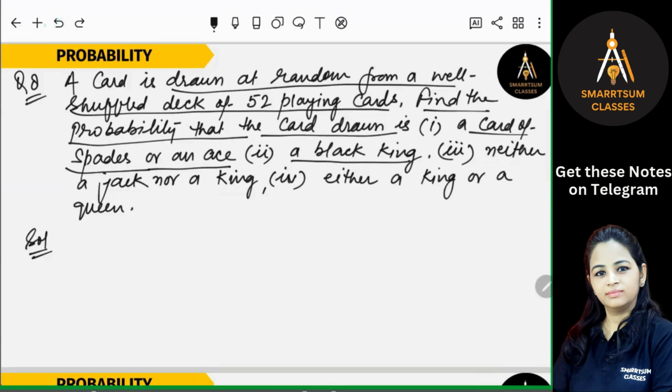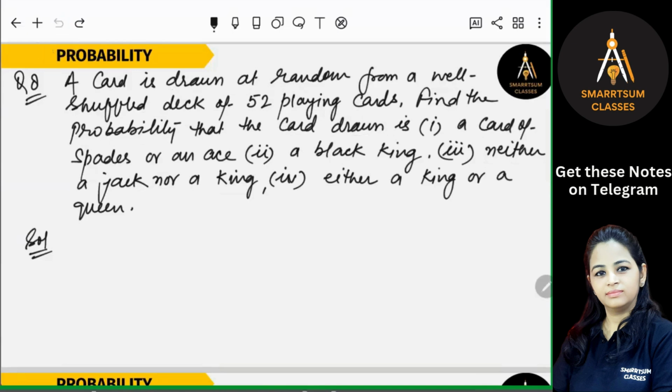As we know, when we have 52 playing cards, the probability of getting each and every card is 1 by 52. All the outcomes are equally likely here.